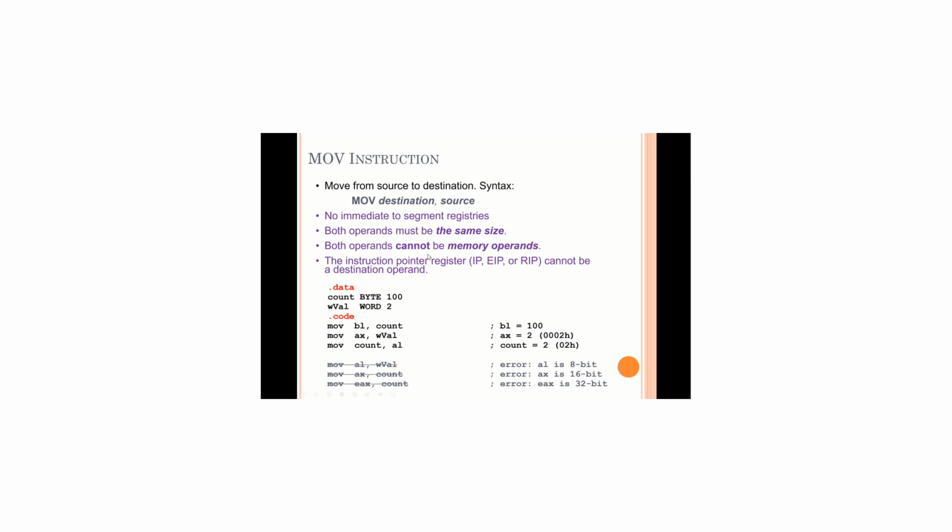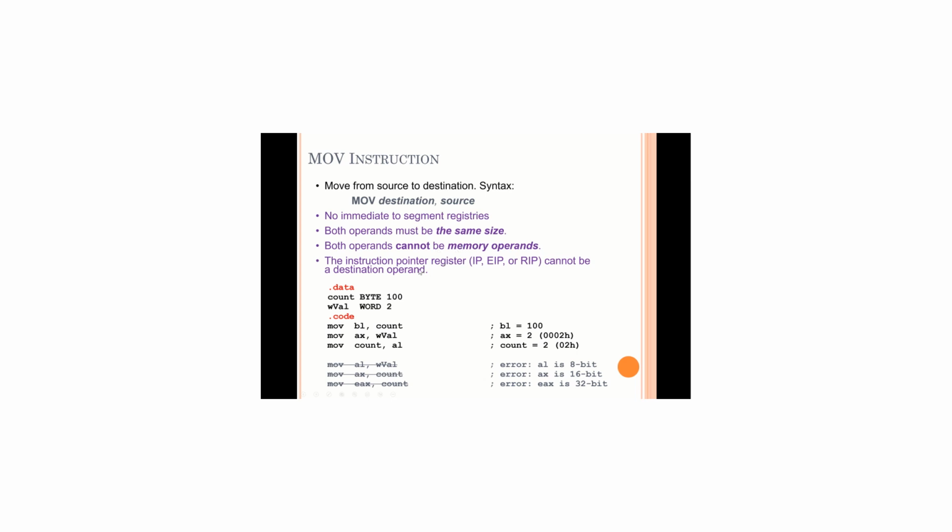And both operands cannot be memory operands. So it could be one of them is memory and the other one is register, or the destination is memory but the source has to be an immediate value. Both operands cannot be memory operands.